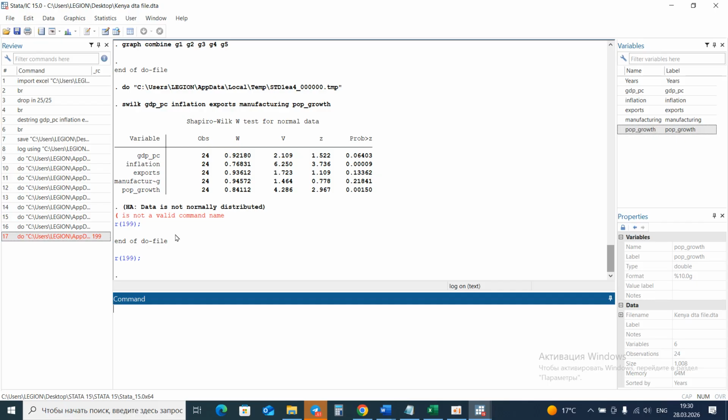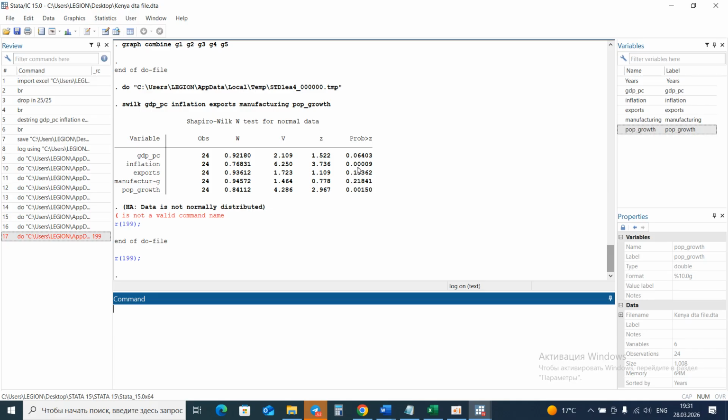This test further assesses normality, suggesting that while some deviations from normal distribution may exist, they don't critically undermine the analysis. As you can see, we have our variables and observations.